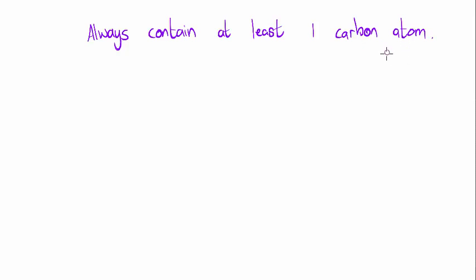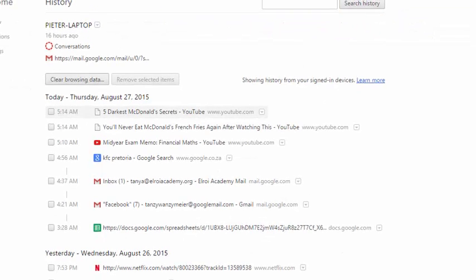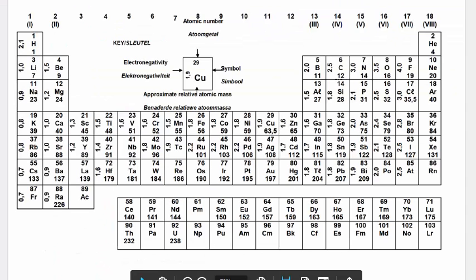Now, why is carbon so special? If you look at carbon on the table, how many valence electrons does it have? How do we find the valence electrons on the table? We look at the group. It's 4.